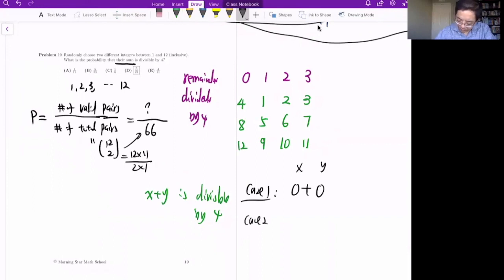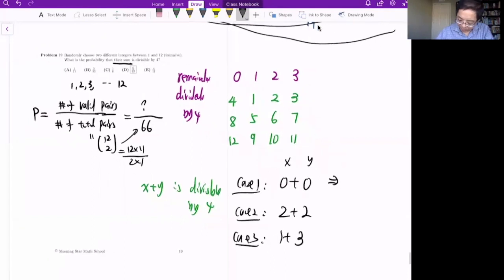Case 2: both of them have remainder 2 when divided by 4, so altogether it's also divisible by 4. Case 3: 1 plus 3. One has remainder 1, the other has remainder 3, so altogether the remainder is 4. So how many ways in each case? This is just 3 choose 2, because here you have 3.